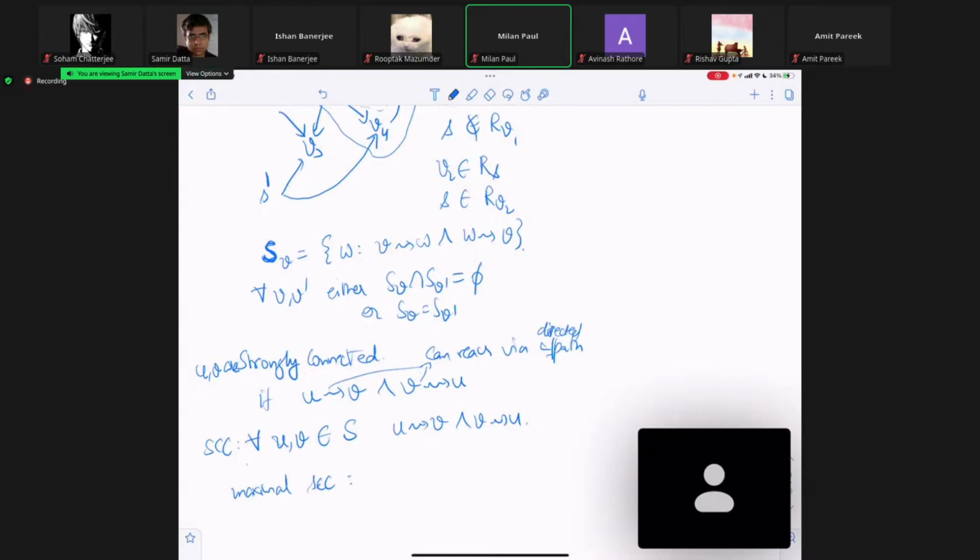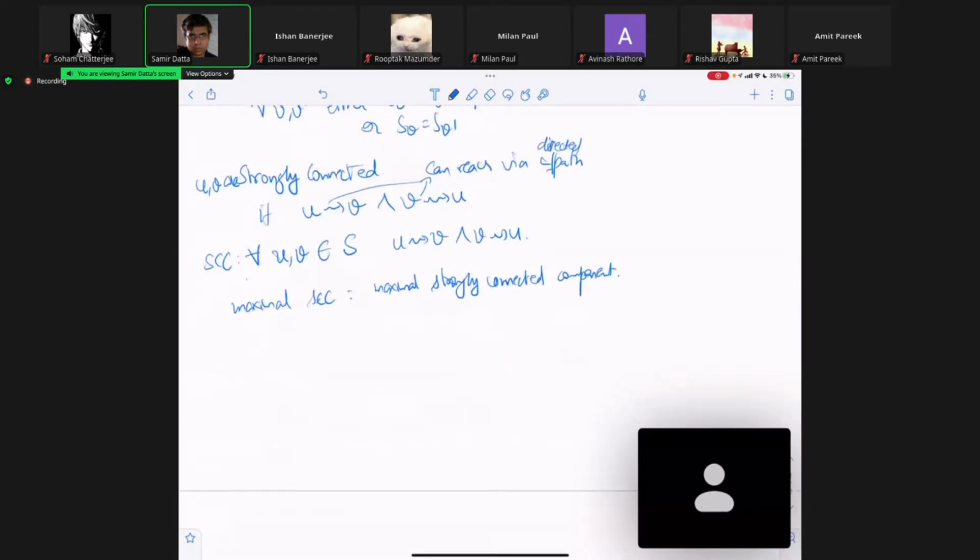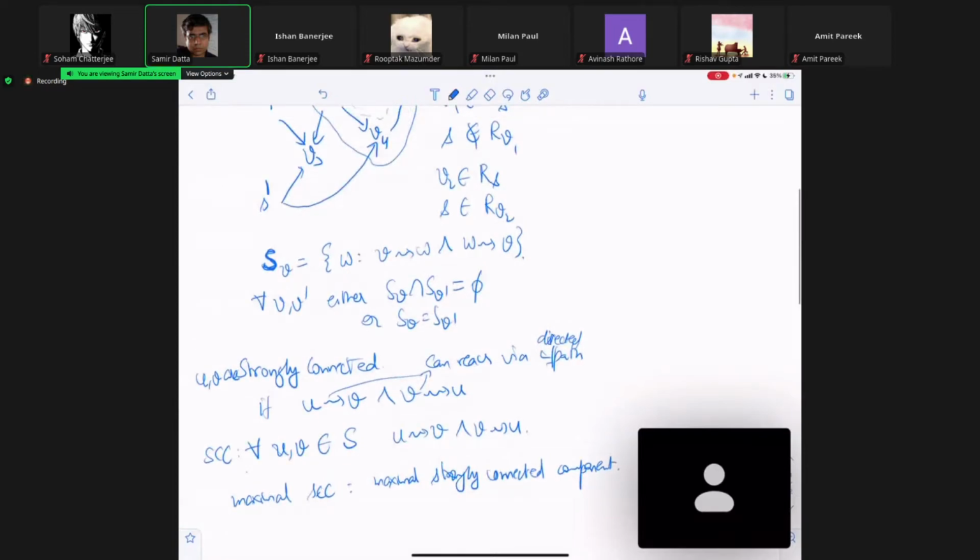Yes, sir. Okay. So a maximal SCC is a maximal strongly connected component. It's easy to see that these are precisely the maximal strongly connected components. You can convince yourself about that.